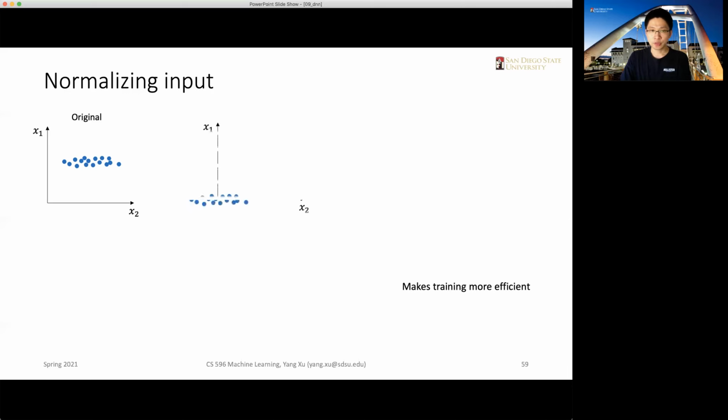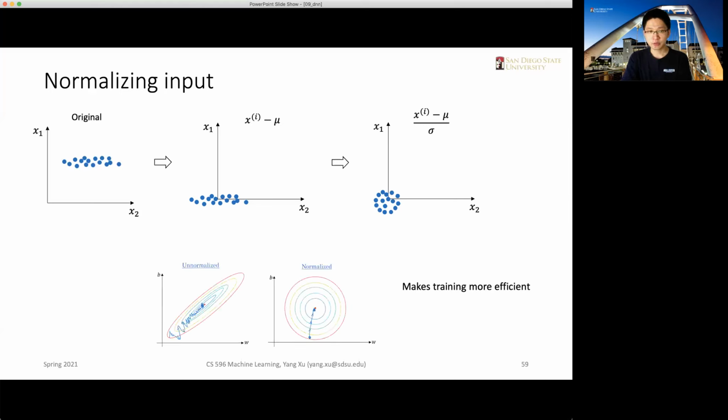What we usually do is center the training data around 0 by subtracting the mean values, and also normalize it by dividing by the standard deviation of the data. So now the data looks nicer in the distribution.